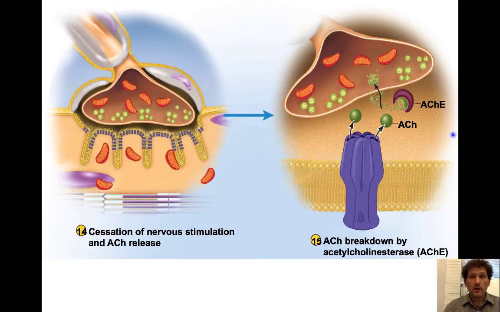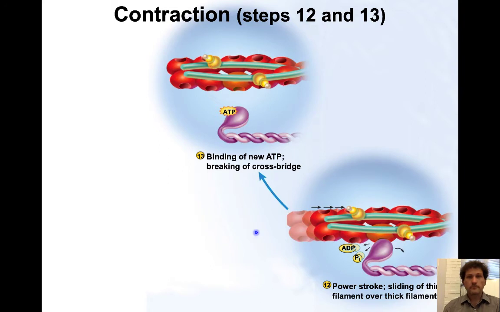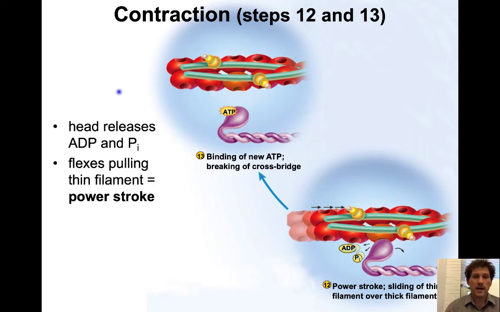So now, if we go backwards, that ATP is hydrolyzed, that myosin head cocks into its extended position, it binds to the active site, we release ADP and phosphate, we have our power stroke, and then ATP breaks the crossbridge. So it's going to bind with another active site, and then another, and another.